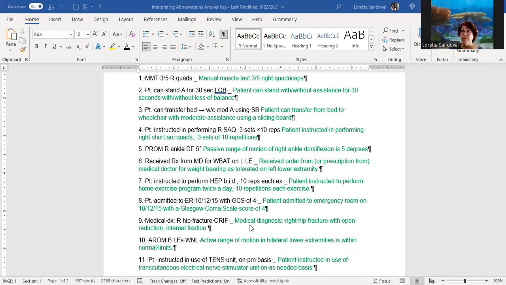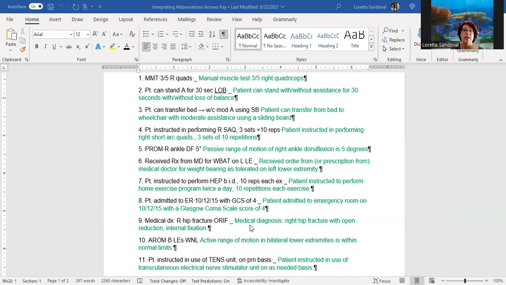It means they cut it open and they put screws in there. So ORIF is a pretty commonly seen one. The patient might not know what it is, but the doctor, the other medical professionals, the insurance adjuster, they're probably all going to know what that is, because there is actually an ICD-10 code for that. So that one's pretty clear.